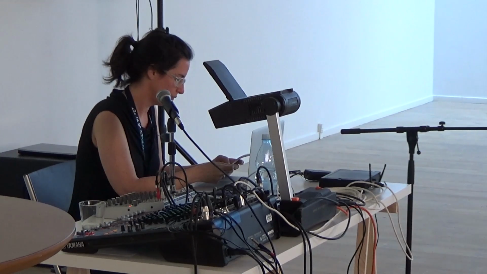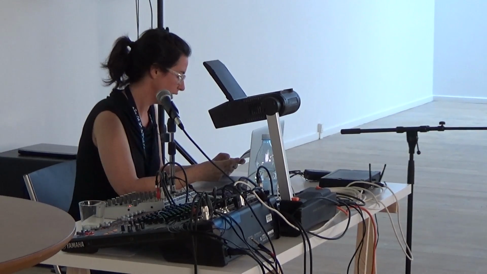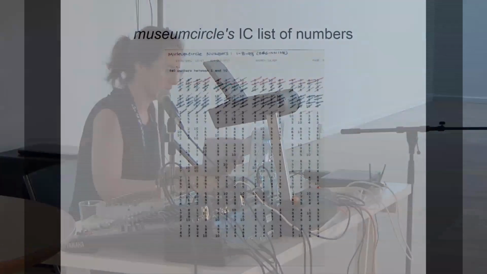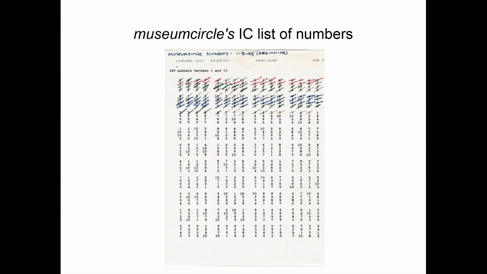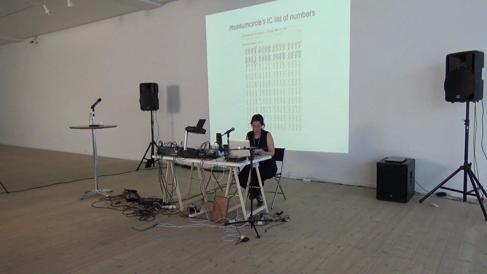One object from each list was then selected according to a list of numbers created by Cage's computerized I Ching program named the IC. The list consists of 640 randomly repeating numbers between 1 and 10 chosen by chance operations. The object from the museum's list is then selected according to the order of their arrival.